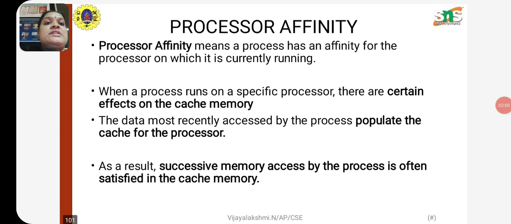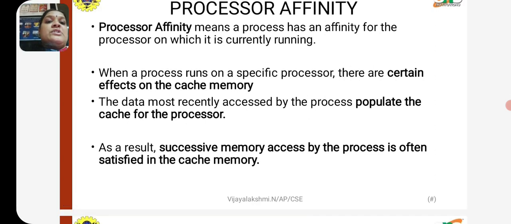And what is called processor affinity? Processor affinity means a process has a liking, or we can say a wish, for the processor on which it is currently running. When a process runs on a specific processor, there are certain effects on the cache memory.